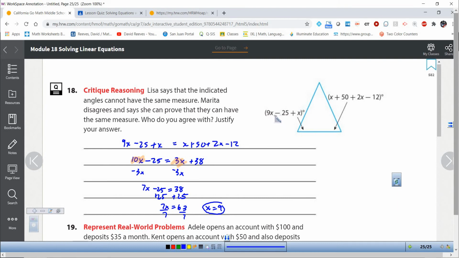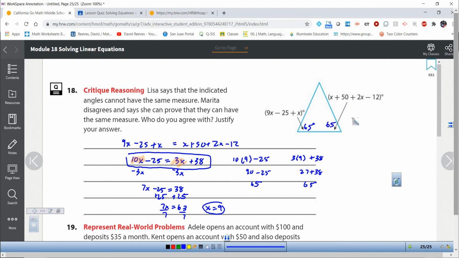I'm actually going to go to my simplified ones here. The one on the left-hand side is going to be 10 times 9 minus 25. That's 90 minus 25, which is 65 degrees. On the other side, 3 times 9 plus 38. 3 times 9 is 27, and 27 plus 38 is 65.